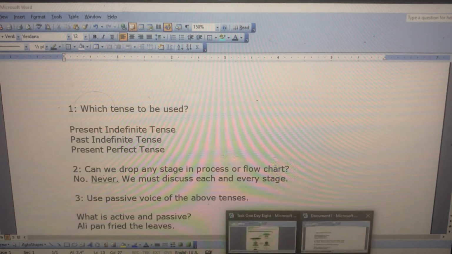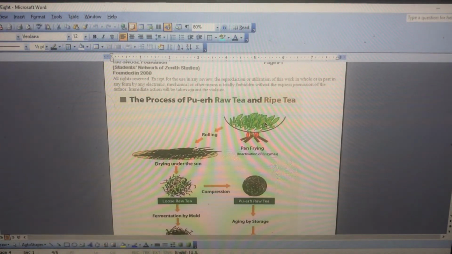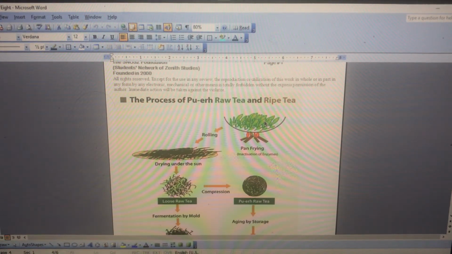Do you see, students, in this stage, these are the leaves, right? And these leaves are basically in a pot, and below this pot there is fire, right? Just to inactivate the enzymes, they are pan frying it. Now we do not know who is pan frying it.